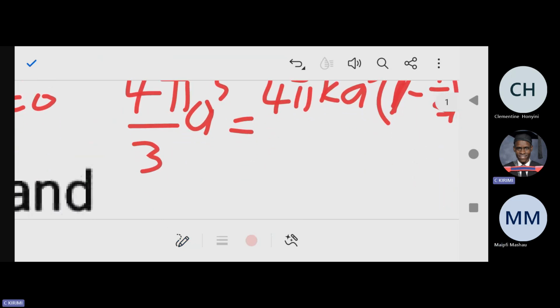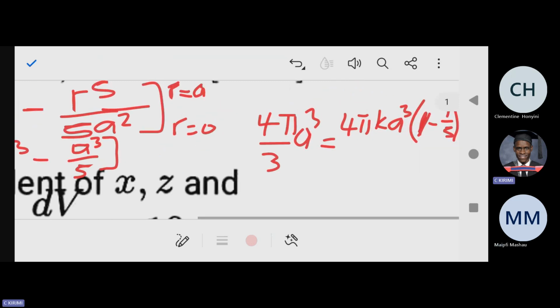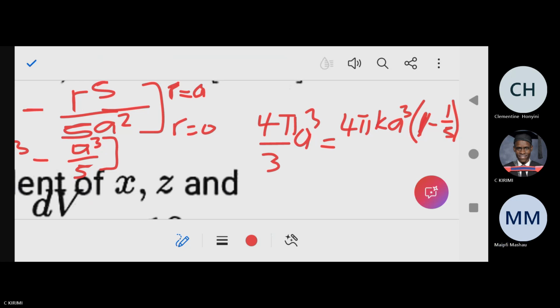What is cancelling out? 4 pi is cancelling out with 4 pi, and a cubed is cancelling out with a cubed. Is that fine?